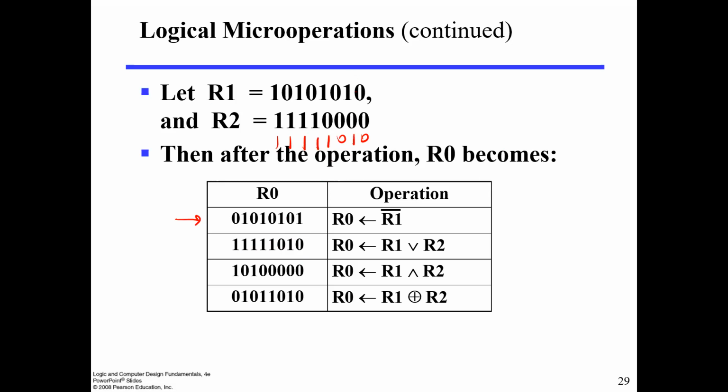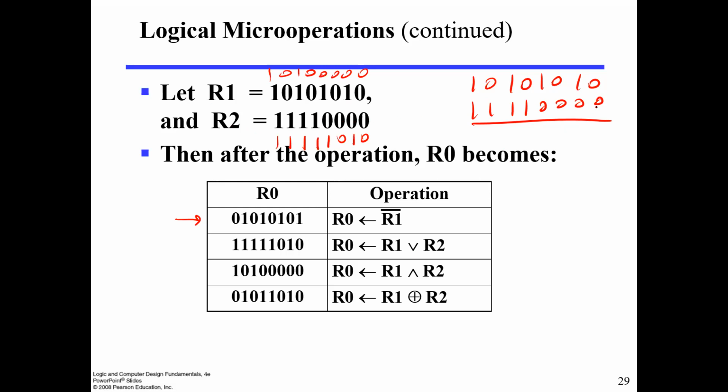Now if you want to AND these two together, the first 4 zeros will become 4 zeros. The last 4 we have ones here, meaning these will become 0, 1, 0, 1. So the result of R0 will be 1, 0, 1, and the rest are zeros. If you want to XOR 1, 0, 1, 0, 1, 0, 1, 0 with 1, 1, 1, 1, 0, 0, 0, 0, you can either go bit by bit, or you can consider R2 as a mask.